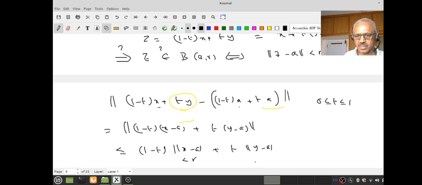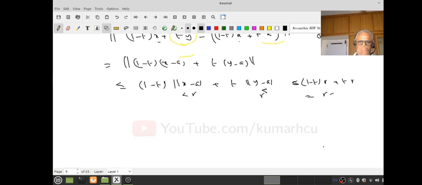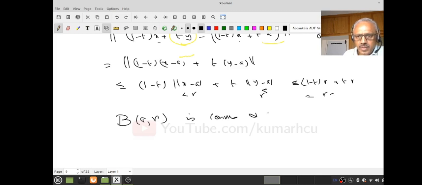But this is less than (1 minus t) times r plus t times r, which is equal to r. So what do you think I have proved? I have proved B(a, r) is convex and hence star shaped and connected. Pause, review, proceed.